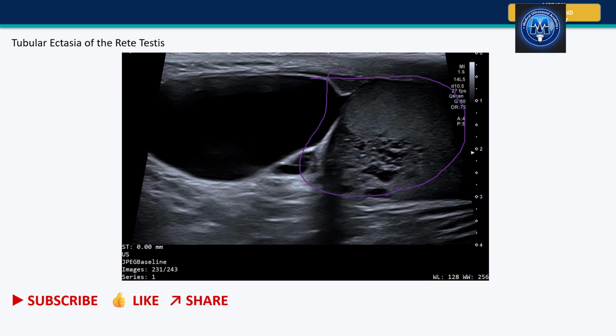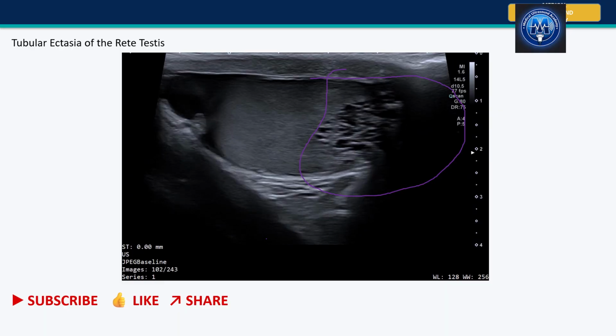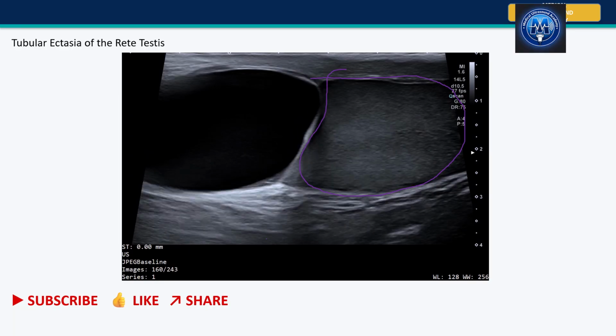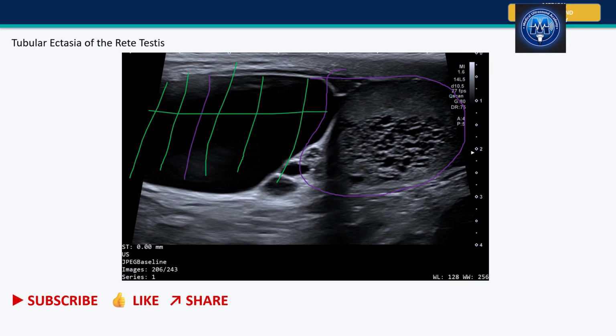But in this case, the ectasia is happening, or is contained, within the Rete Testis. So you can see here what we have. We do have a cyst there. So this is the cyst that we have there.